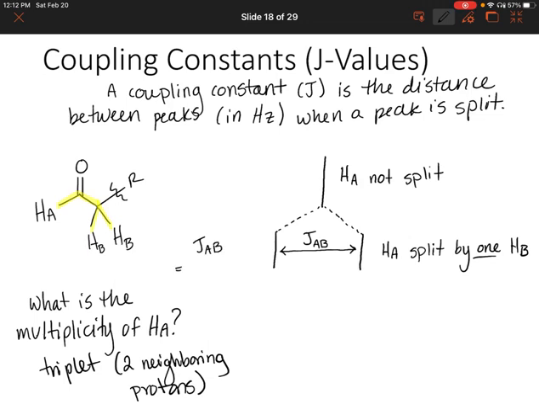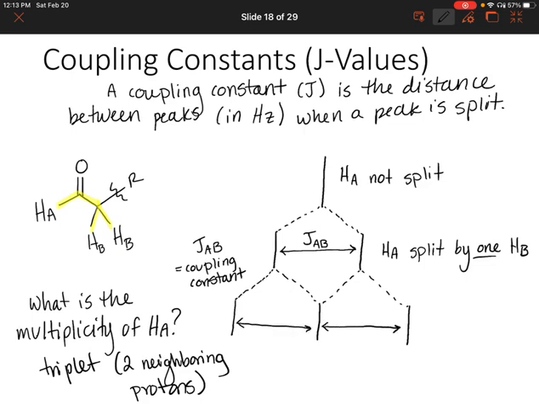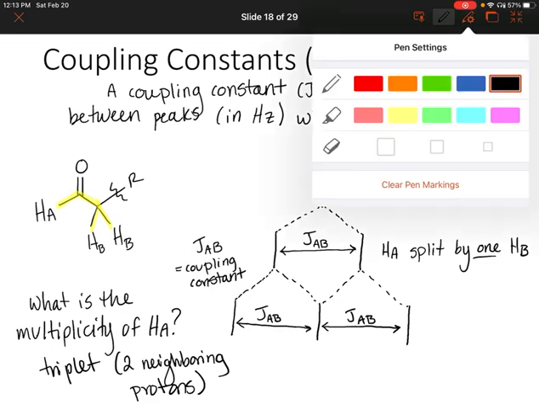So that's our coupling constant. Now in this case we do have 2 HB protons, so these will be split one more time each. So we end up with a total of 3 peaks. So that's our triplet. And the distance between those peaks down below is also JAB. All right, and that will give us our triplet.